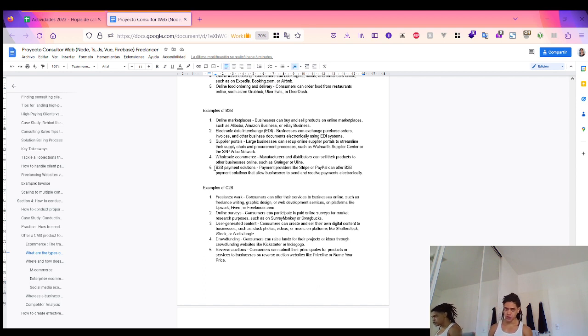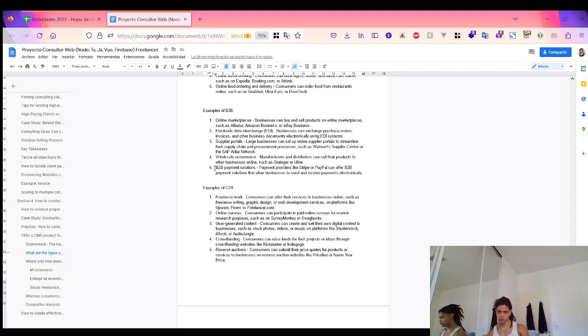Then user-generated content, where consumers can create and sell their digital content to businesses, such as photos, video, or music on platforms like Shutterstock, iStock, or AudioJungle.